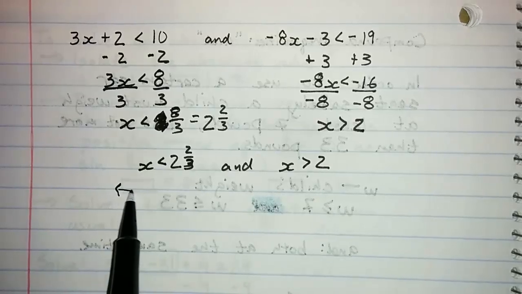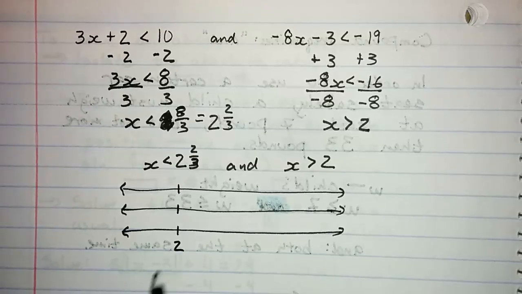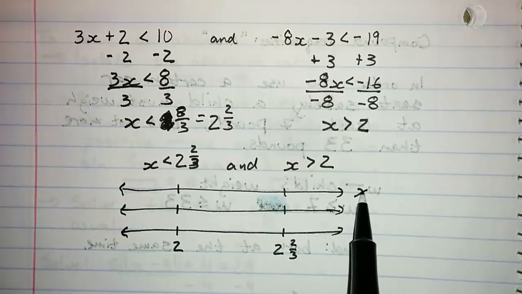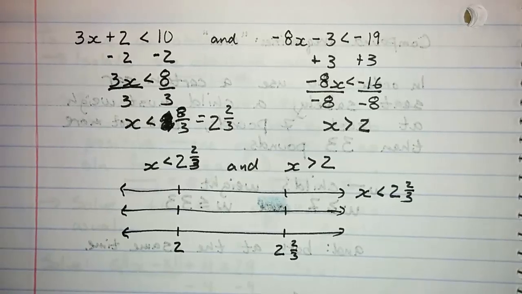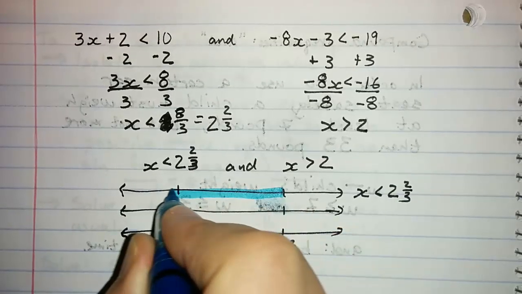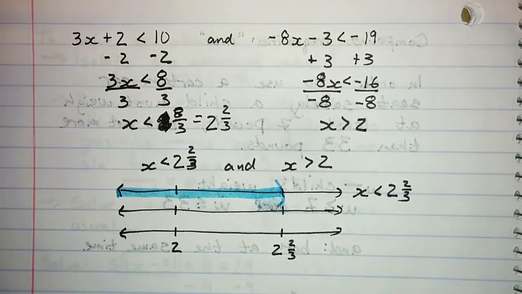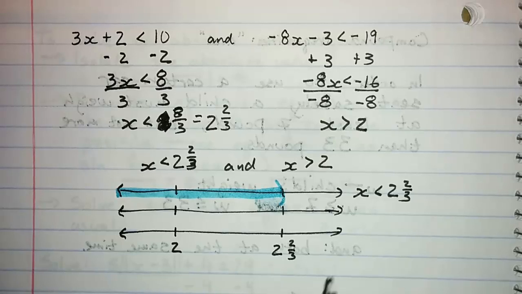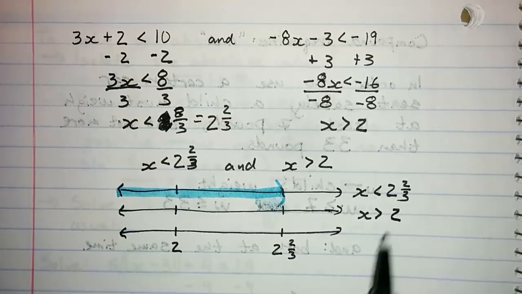What does that look like? 2, of course, is the smaller of the two numbers. So on this first number line, I'm going to graph x is less than 2 and 2/3. 2 and 2/3, and everything less than it. 2 and 2/3 gets a round bracket. On the second number line, I'm going to graph x is greater than 2.